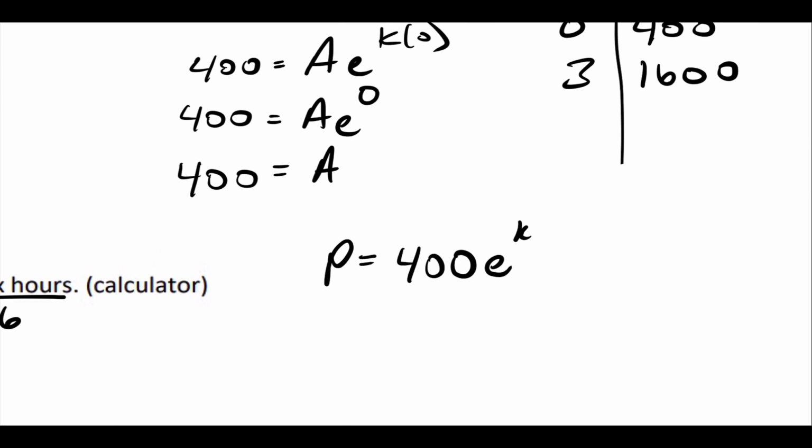When you plug in 3 and 1600, all that's left is e and k. I'm not worried about e. I have that button on my calculator. Now I can solve for k.